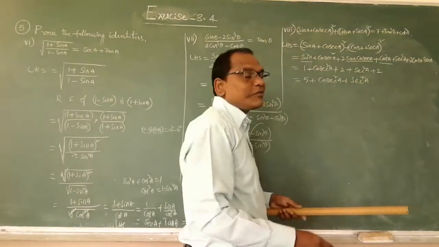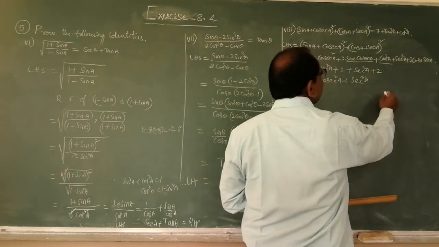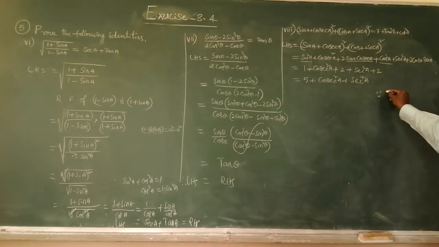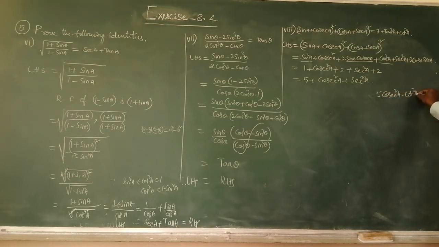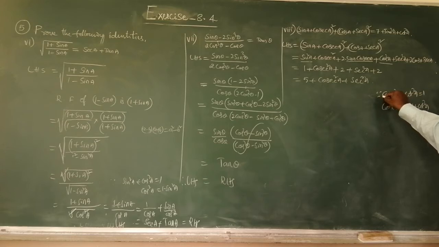So what is the third identity? Here I am writing: cosecant square A minus cot square A equal to 1. From this, cosecant square is required. Cosecant square A equals 1 plus cot square A. This is identity 3.